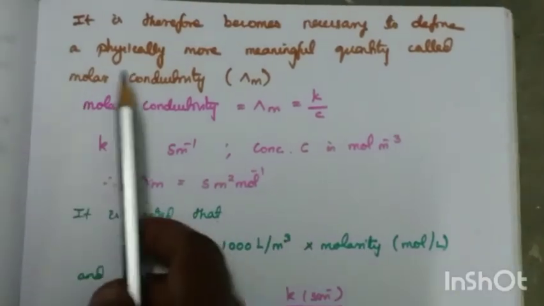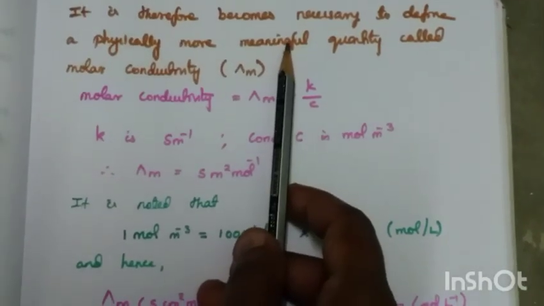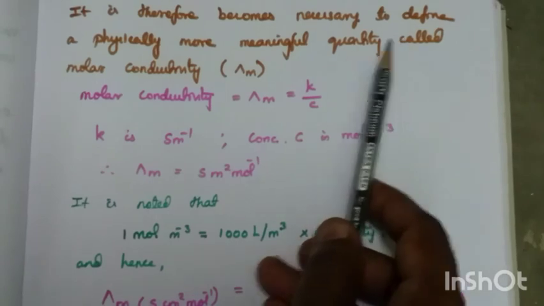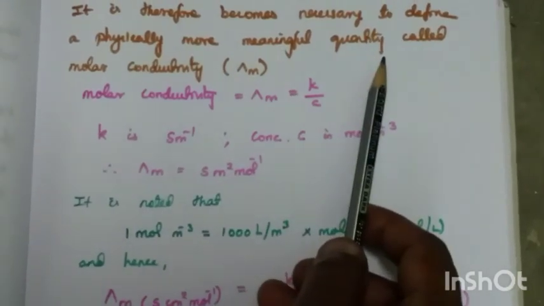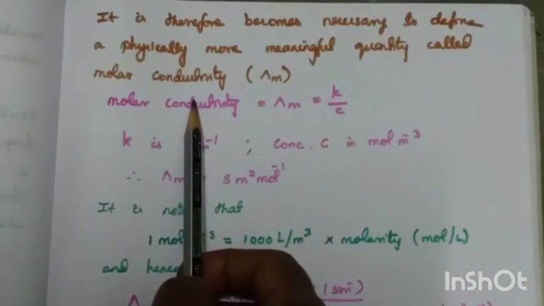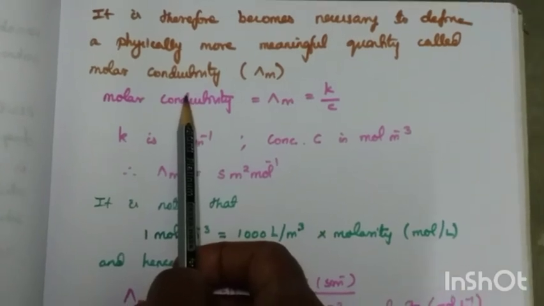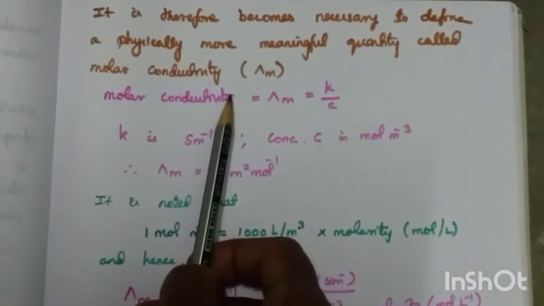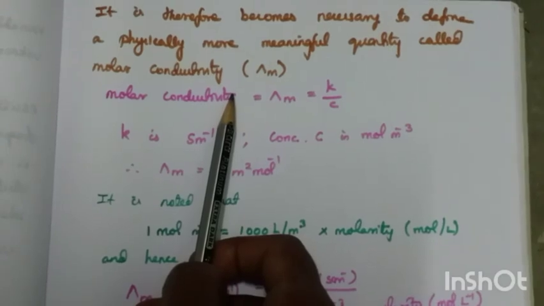Now why is it like that? It therefore becomes necessary to define a physically more meaningful quantity called molar conductivity. So from this we are going to determine the molar conductivity. Molar conductivity is the conductance of a solution containing 1 mole of the electrolyte.